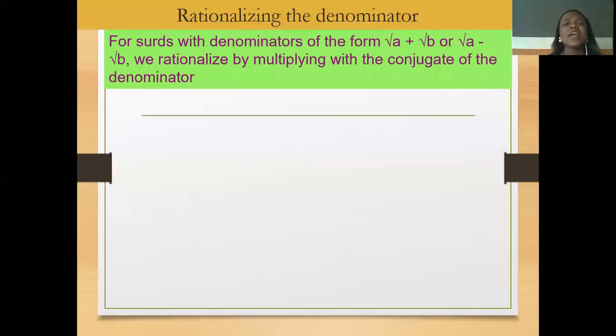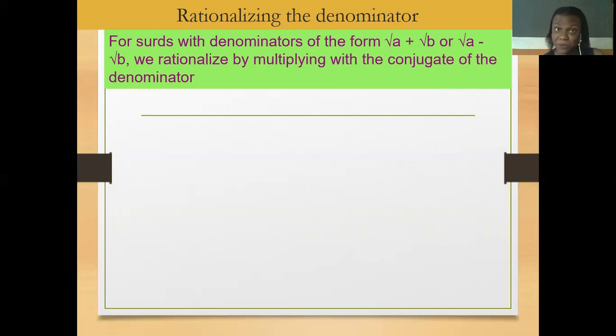Now, what about when we want to rationalize surds where you have more than one number under the root sign as the denominator? What do you do? Let's see. For surds with denominators of the form root a plus root b, or root a minus root b, or something similar to this, how do we rationalize? We rationalize these surds by multiplying with, not just the denominator exactly, but the conjugates.